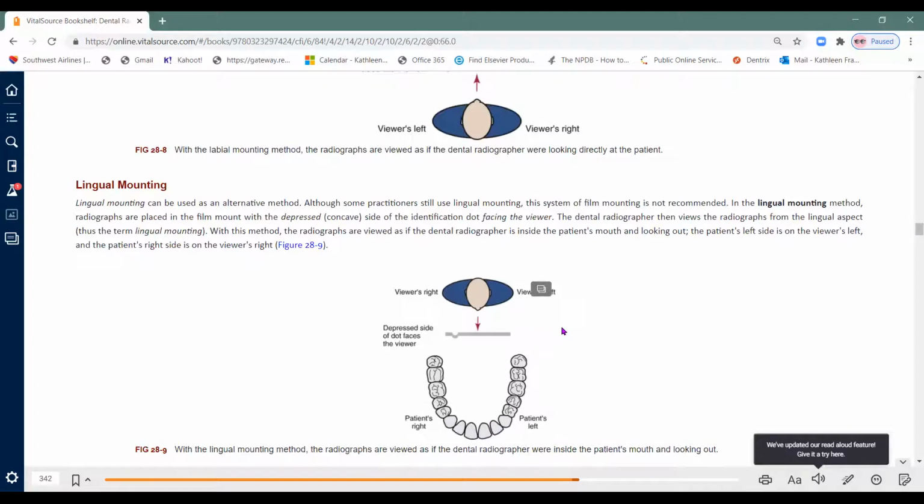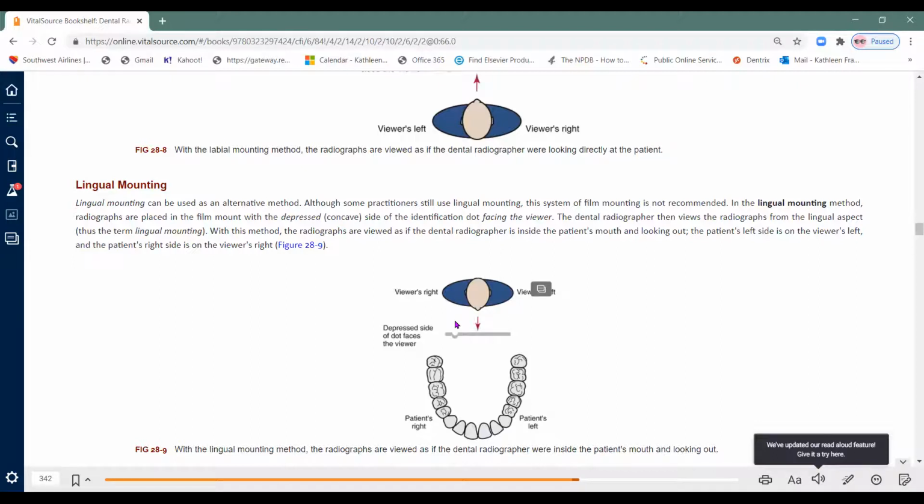Lingual mounting, this picture's wrong. Lingual mounting is with the dot away from the viewer.